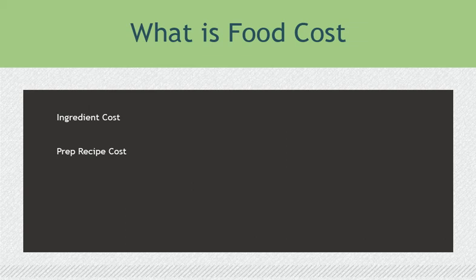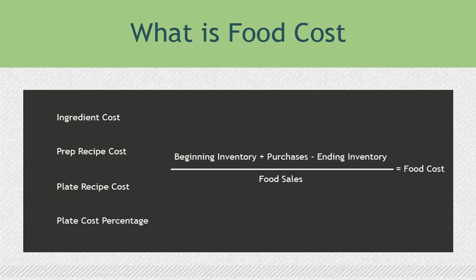We then figure out how much 6 ounces of that ground beef recipe costs, along with any other ingredients that might go on that plate. In doing so, we know the dollar amount and percentage that a plate costs us. Finally, once we know all of those numbers and some operational numbers, we can get our food cost.